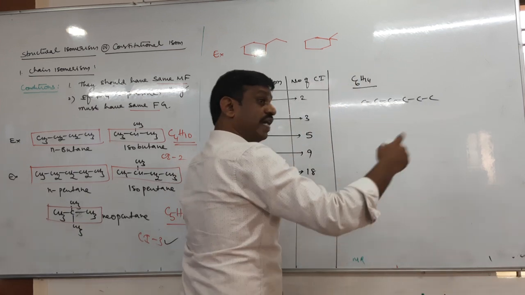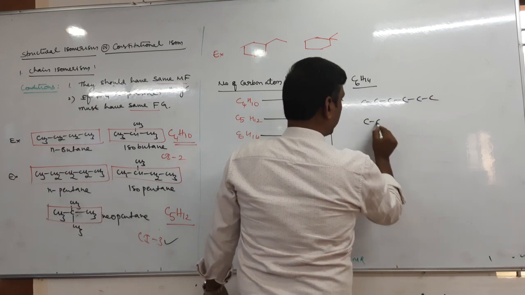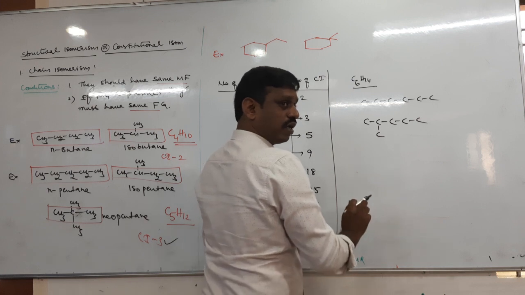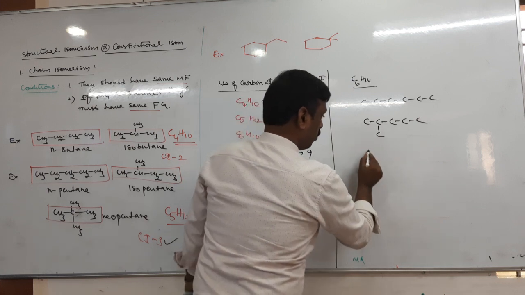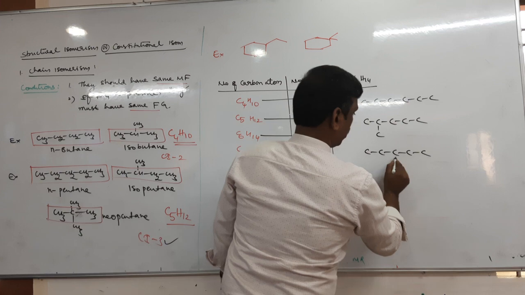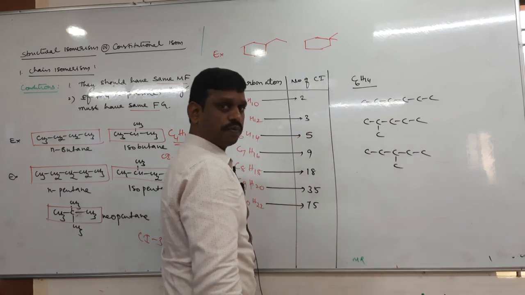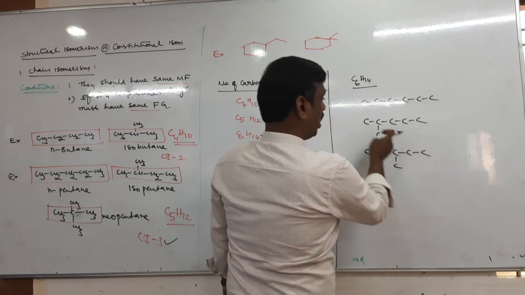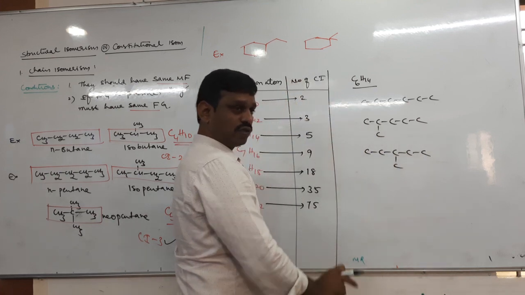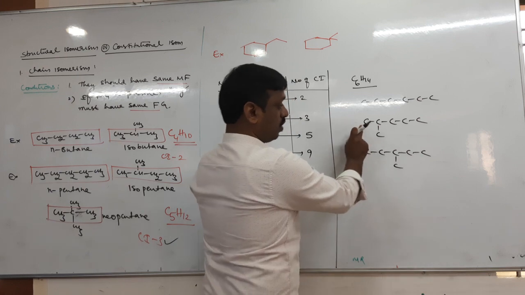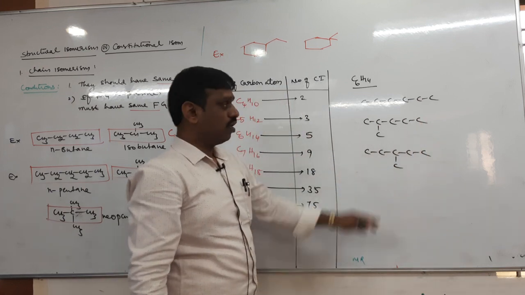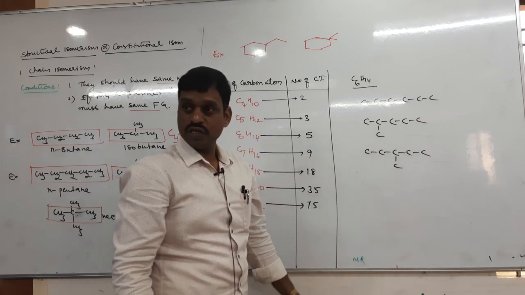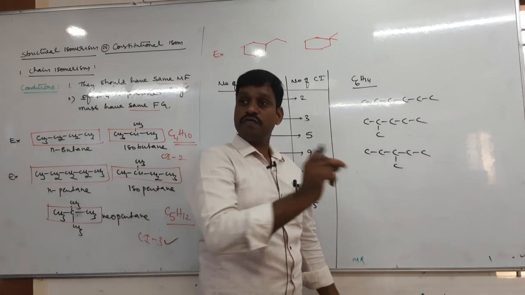Okay, 6 carbon. Next 5 carbon. You make it 5 carbon, 1, 2, 3, 4, 5, and I will write 1 methyl here. Okay, it is 2-methyl. Will you write 3-methyl? This is one more possibility. Will you get 4-methyl? 1, 2, 3, 4. Again the same, you will get 2-methyl only. So that means, with 5 carbon, these 2. With 6 carbon, 1; 5 carbon, 2.